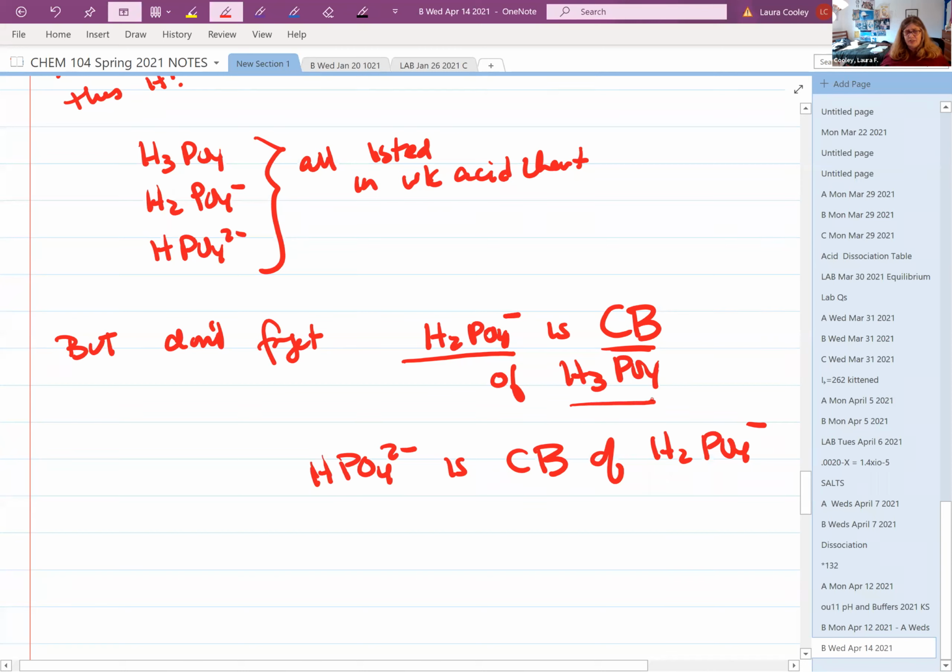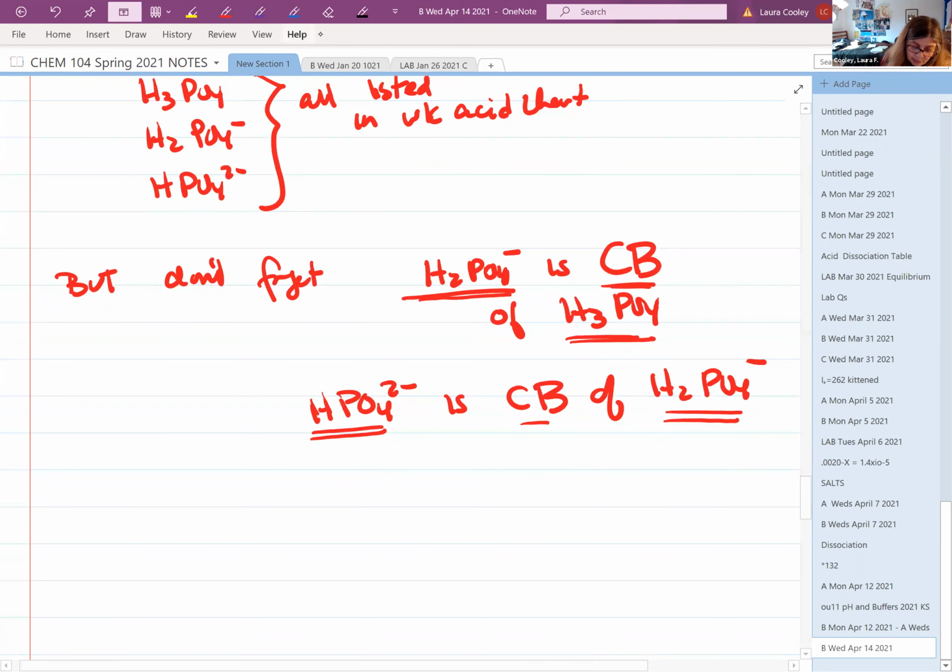So is it basic or is it acidic? Now H3PO4 is a pretty strong acid, which means that H2PO4 minus would be a pretty weak base, because the stronger the acid, the weaker the conjugate base. But HPO4 2 minus is the conjugate base of a much weaker acid. So is it a base or is it an acid?